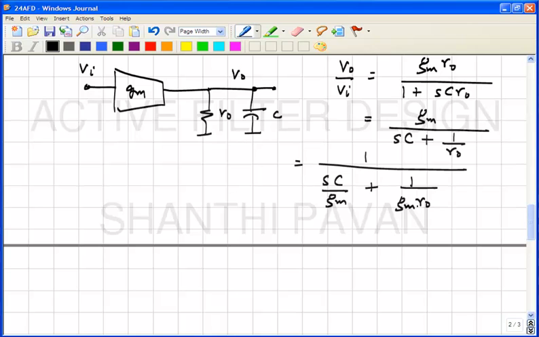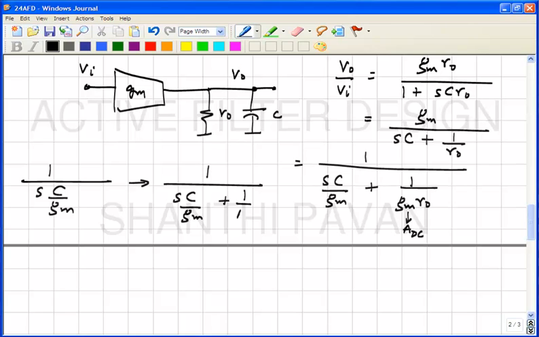If I denote GM RO by A DC, the DC gain of the integrator is ideally supposed to be infinite, but now it is GM RO. Earlier, for the ideal integrator, the transfer function was SC by GM. Now it is 1 by SC by GM plus 1 by A.